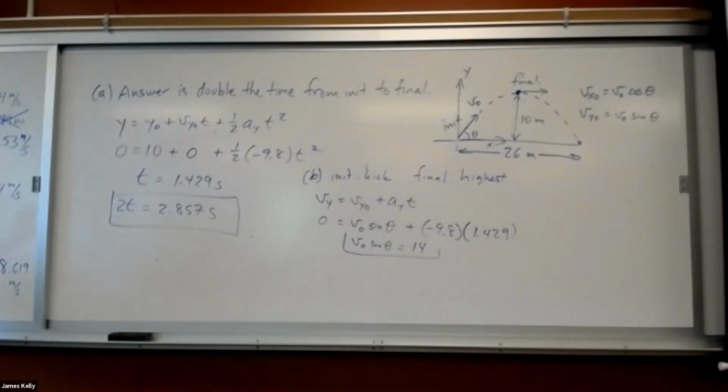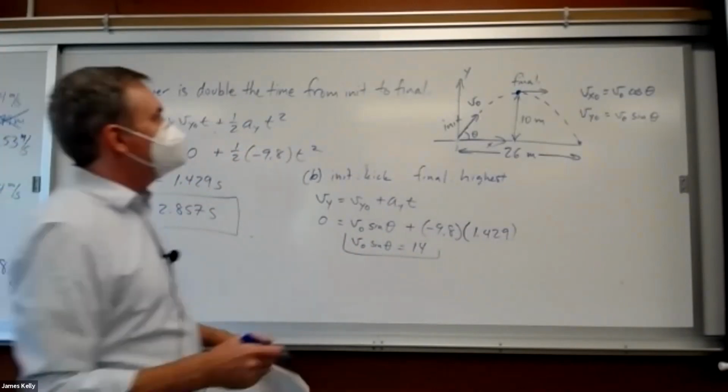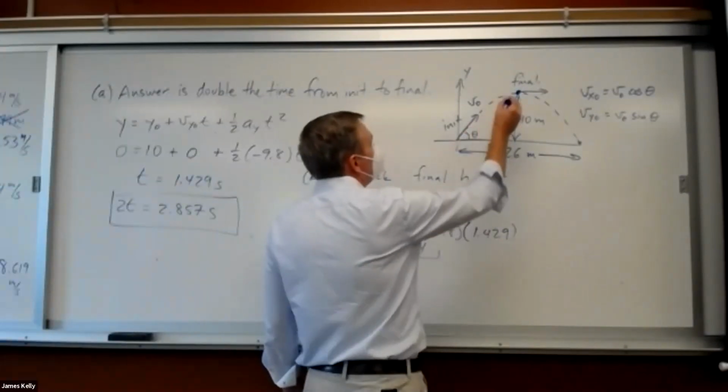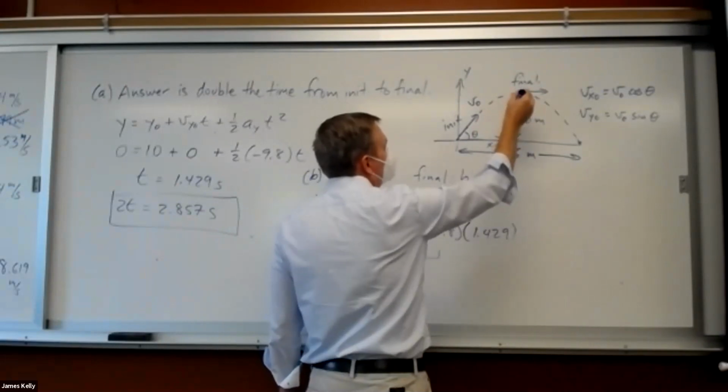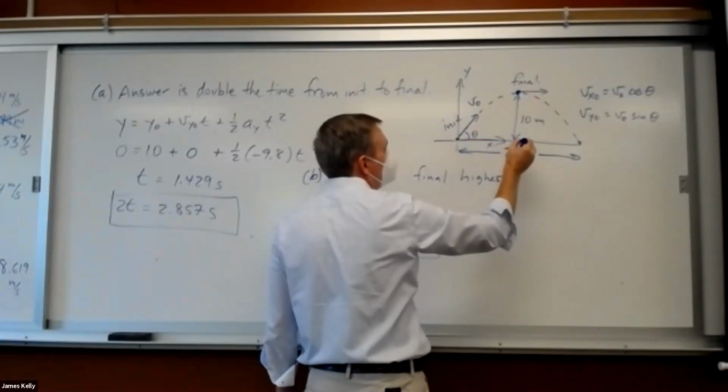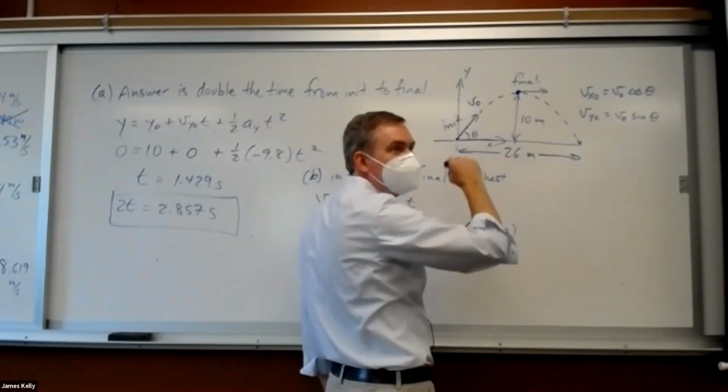I'm putting an underbox on it because I've got two unknowns still. I need another equation here. And the other equation I can use is, again, for the same initial and final, I know not only how far it goes up in y, but how far it goes in x. How far does it go in x?